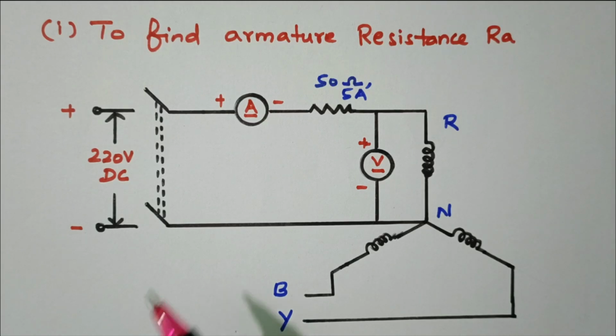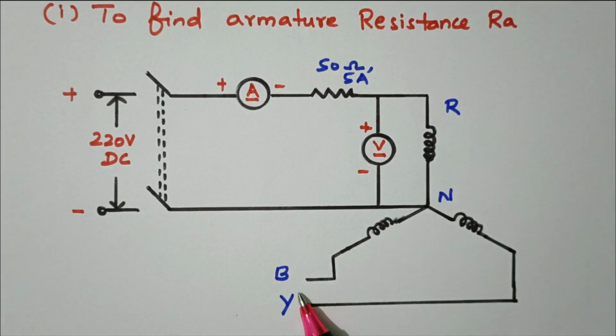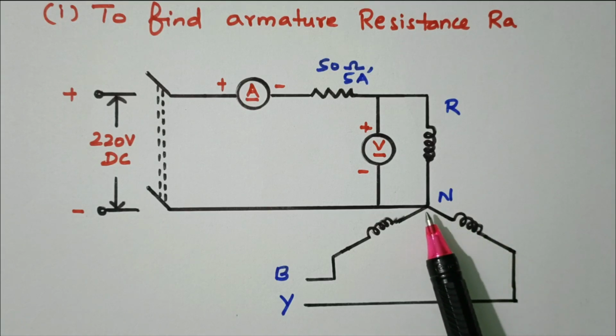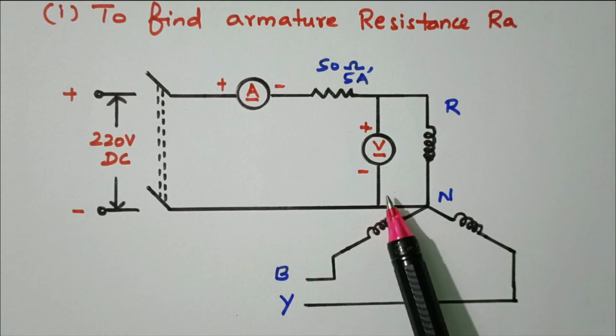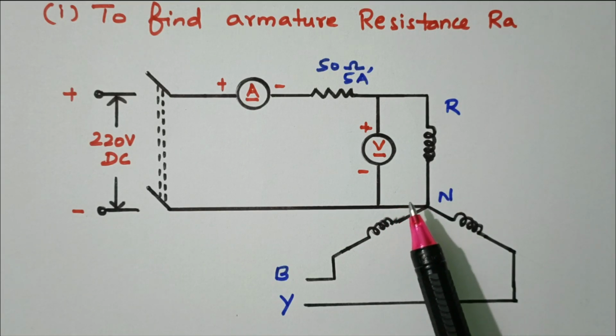To find the armature resistance RA, this is the circuit diagram. This is a three-phase alternator. R, Y, B, three phases are available. The circuit is connected across R phase. So we are going to measure only R phase, the other phases are equal.